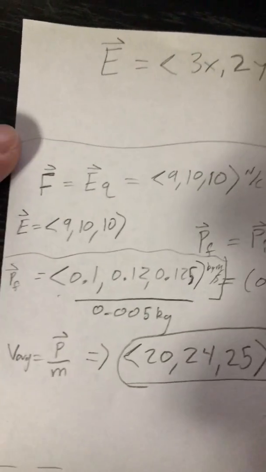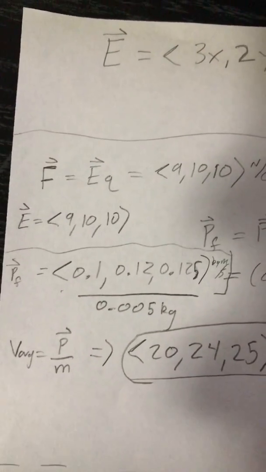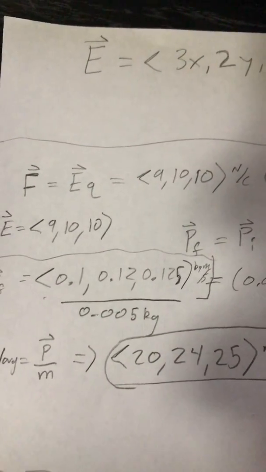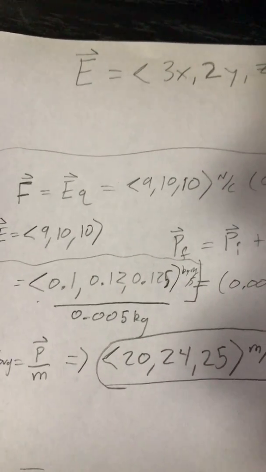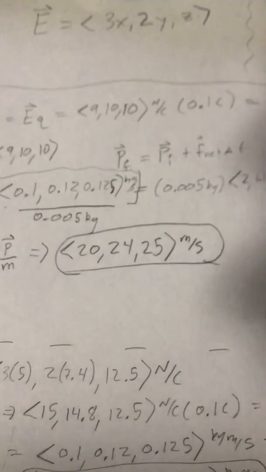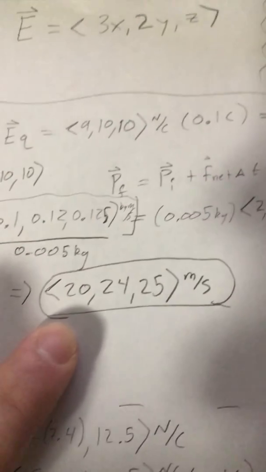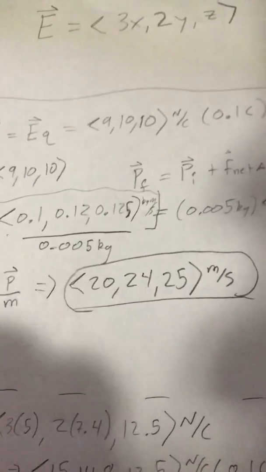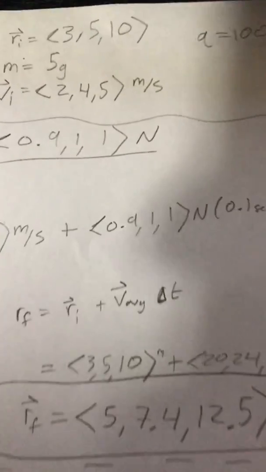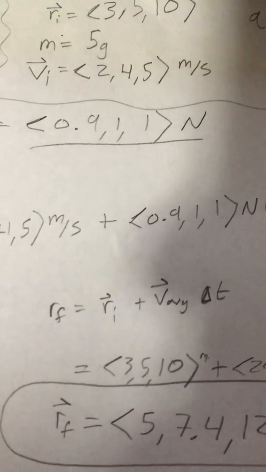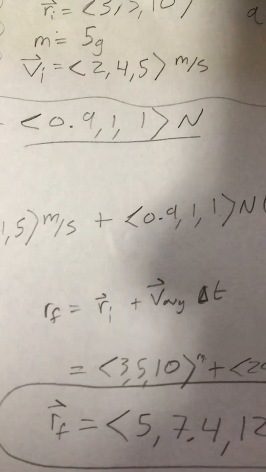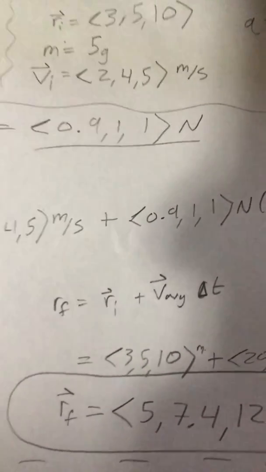So then to find the velocity, the average velocity, we divide that by the given mass of the particle, which gives us our velocity, our average velocity after 0.1 seconds of the particle, which we then plug into our equation to update the location of the particle.